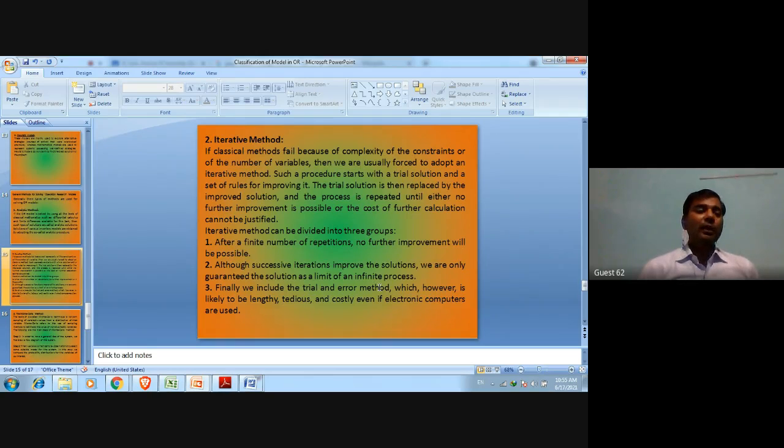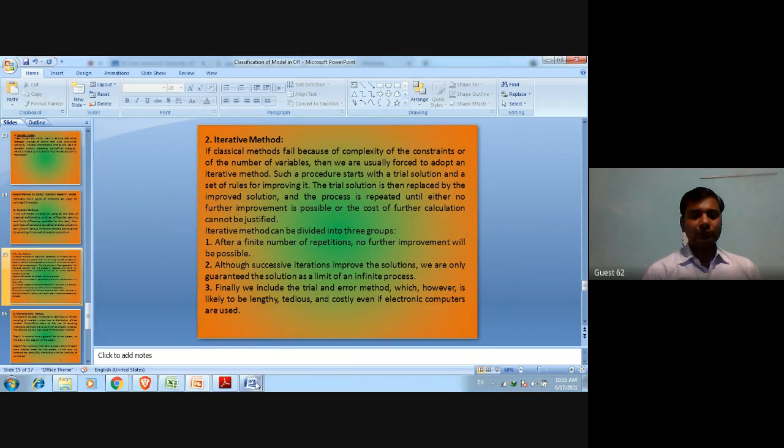Actually, if you have a number of variables, for example four or five variables, the classical method will fail to solve that problem because it will become very complex.